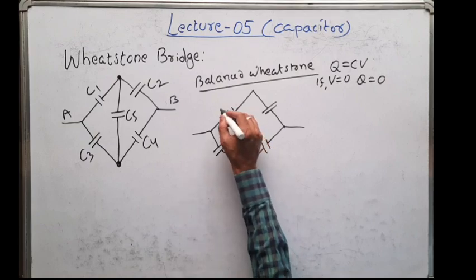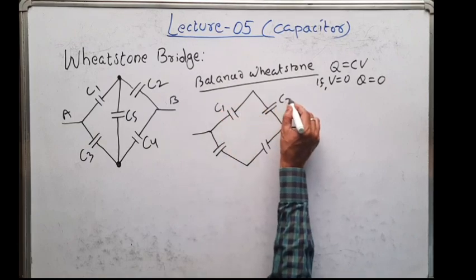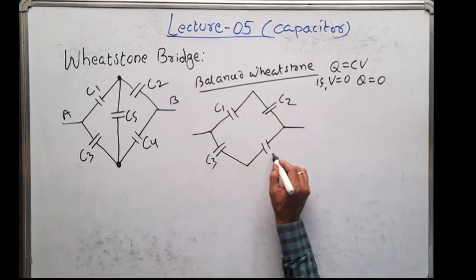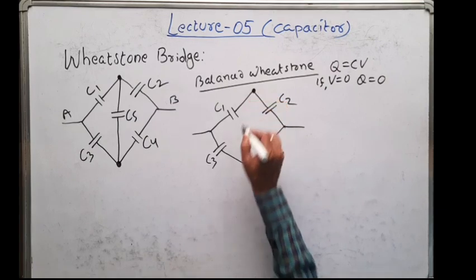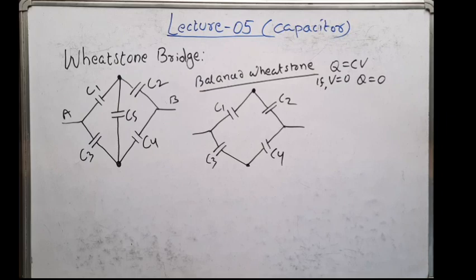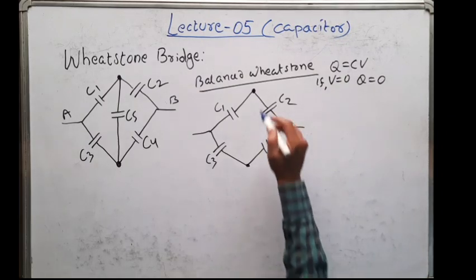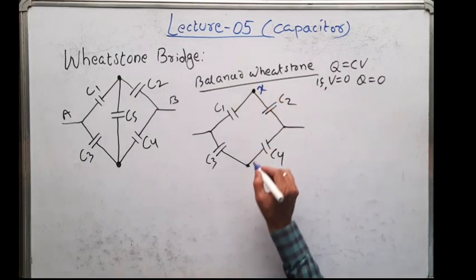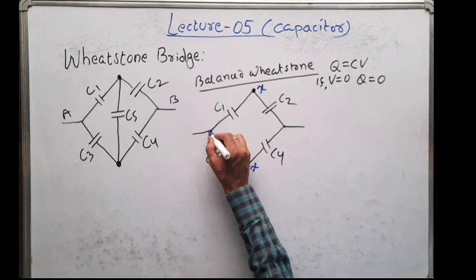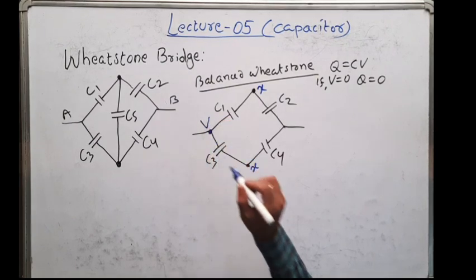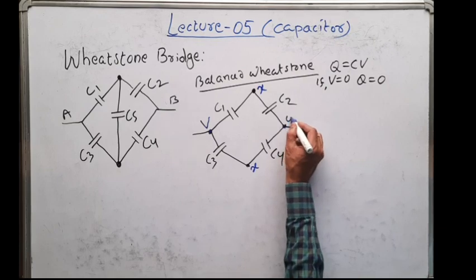Under that condition, let us say this is C1, this is C2, C3, C4. Under the balanced Wheatstone bridge condition, this point's potential is equal to this point's potential. Let us say this point's potential is X, and the potential of this point is also X. Let us say the potential at this point is V and the potential at this point is 0.